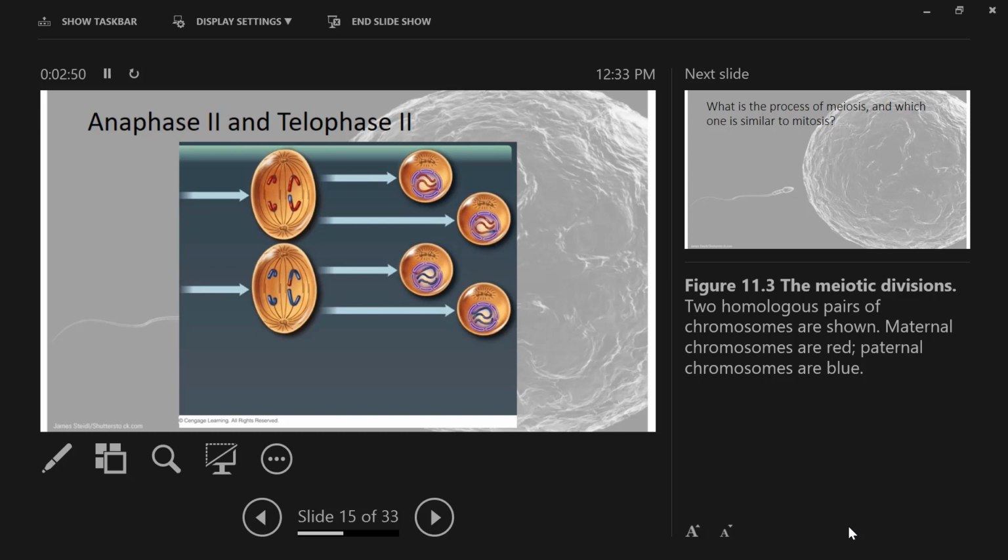Now, in that process, we do generate genetically distinct cells. Okay? It's always going to happen that way. And on Wednesday, we're going to take some time to look at how crossing over and some other processes that happen during meiosis generate diversity.